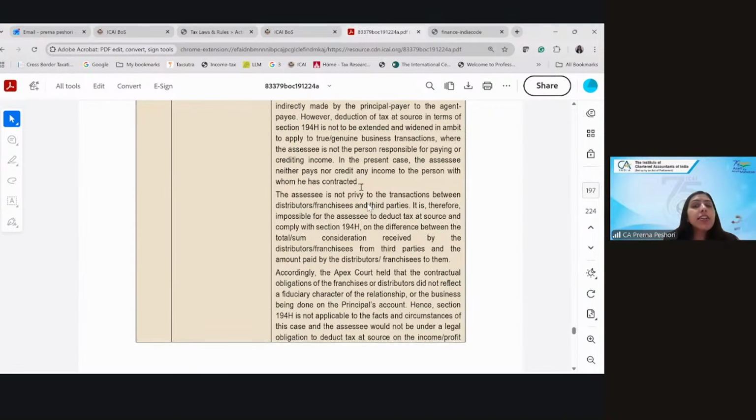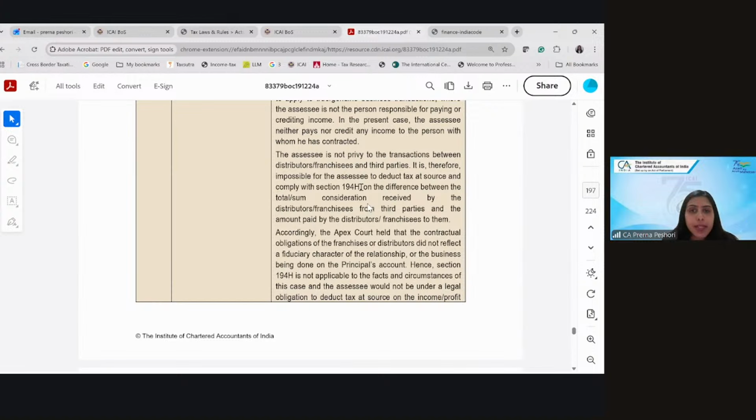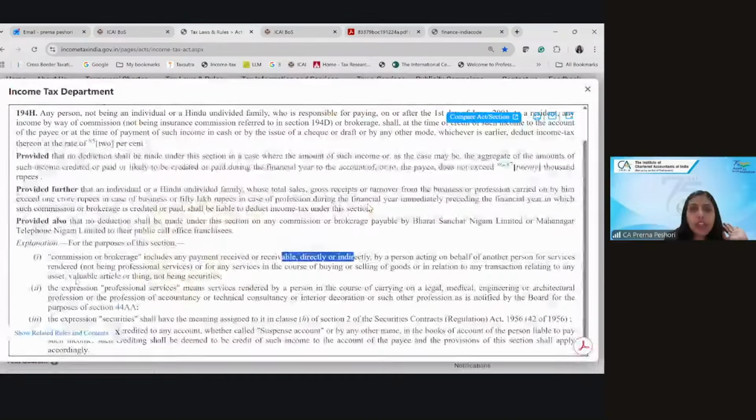Basically the retailers are buying on a principal to principal basis. Hence 194H will not apply in this particular case. Are we clear? Yes or no? Any questions? Any doubt? Clear, ma'am. Okay. So this completes your 194H.